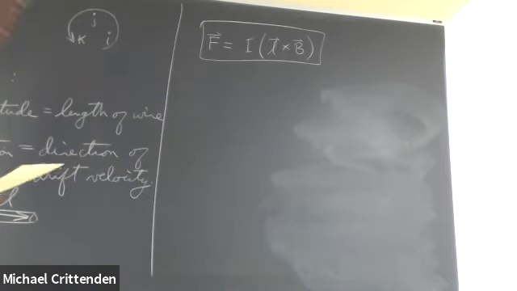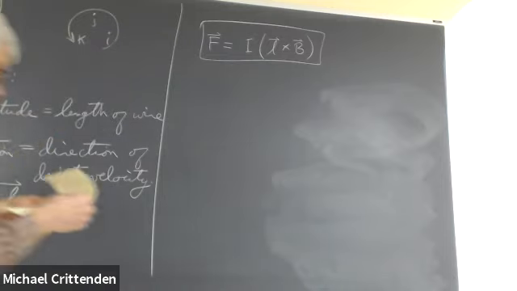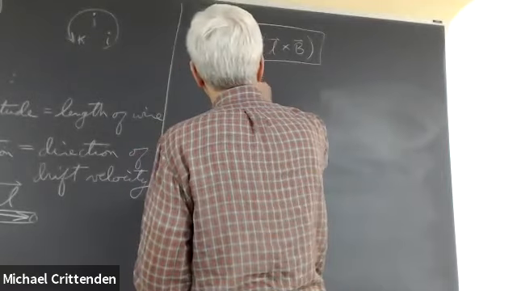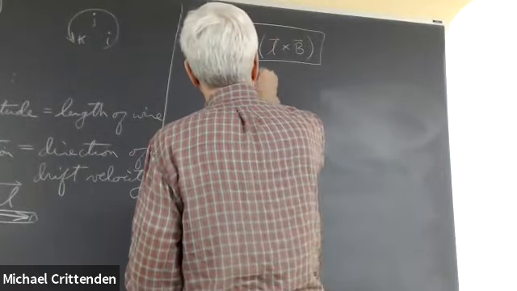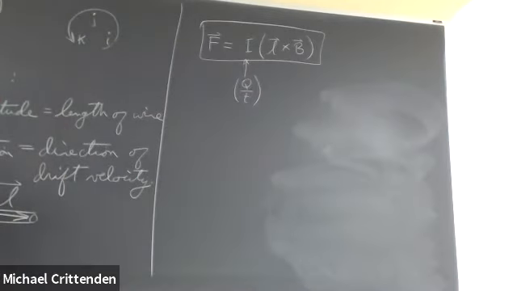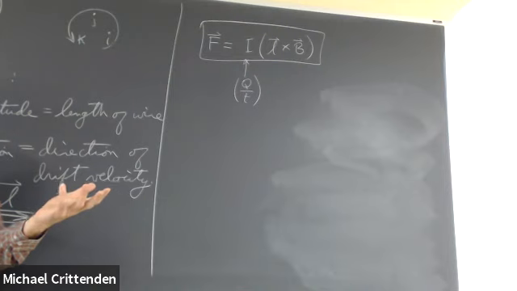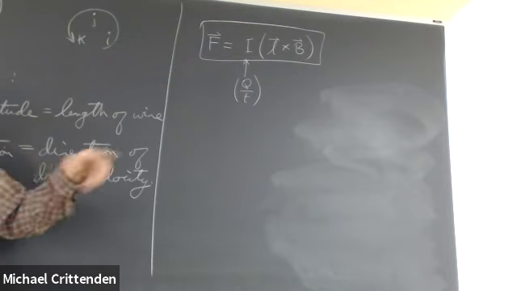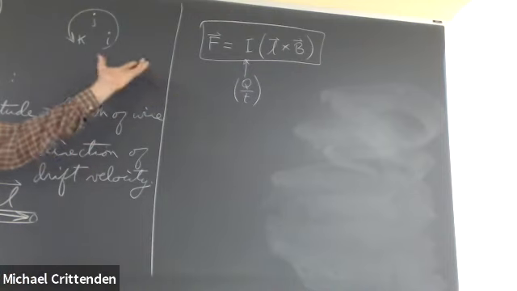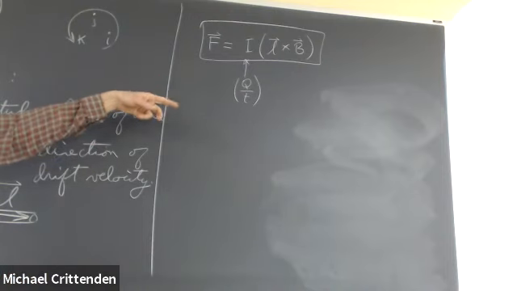As far as seeing that this is equivalent to qv cross B, well, current by definition is charge over time, or at least if it's a steady, unchanging current, it is. If you've got some sort of changing current, you have to use infinitesimals, dq, the derivative of charge with respect to time.